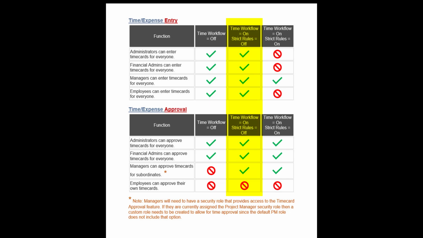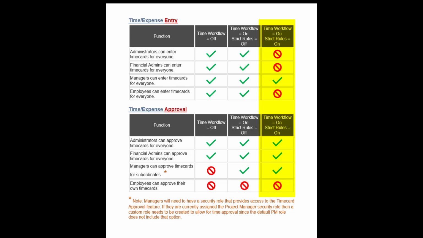In this case, everyone can enter time cards, and the approval process is added for managers to approve time cards for subordinates. The final option takes away some of the user's abilities to enter time cards and shifts that to the manager's ability.